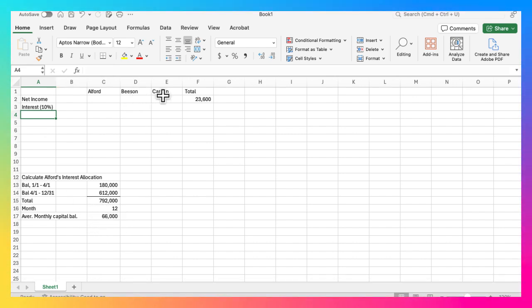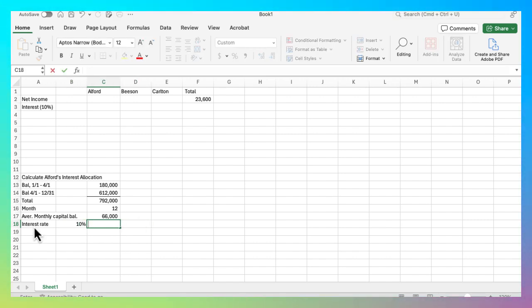Beeson and Carlton are going to be the same because they didn't contribute any money into the business. It was only Alfred. So we're going to calculate that interest rate, which we said was 10%.